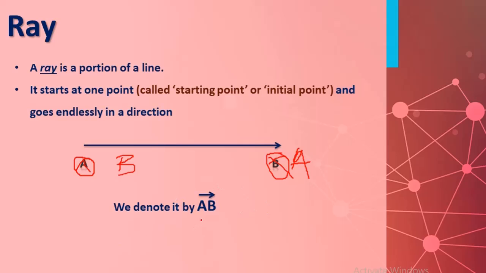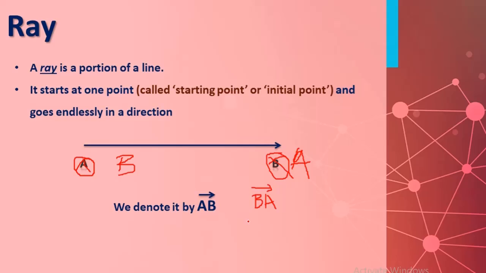We denote this ray as BA. Suppose it will be point B first and this will be point A, then we have to write it as BA. I hope that you are clear with this.